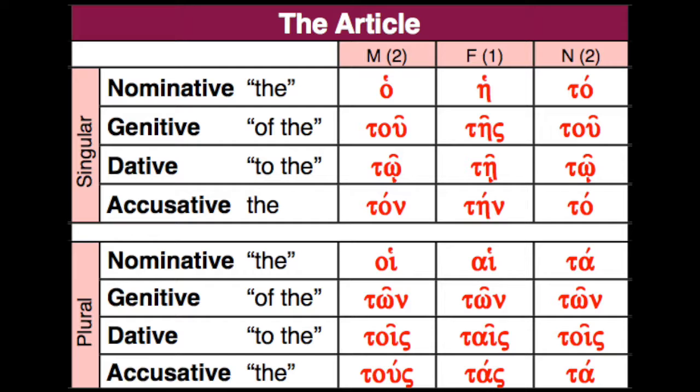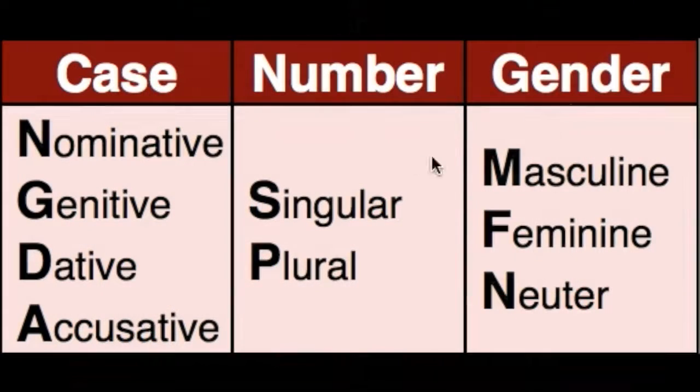But in Greek, remember, we saw that there were 24 forms of the article. Why? Because the Greek modifiers change form to match the substantive that they modify in case, number, and gender. Because there are 4 cases, 2 numbers, and 3 genders, we come up with the potential for 24 different forms of every adjective or modifier.